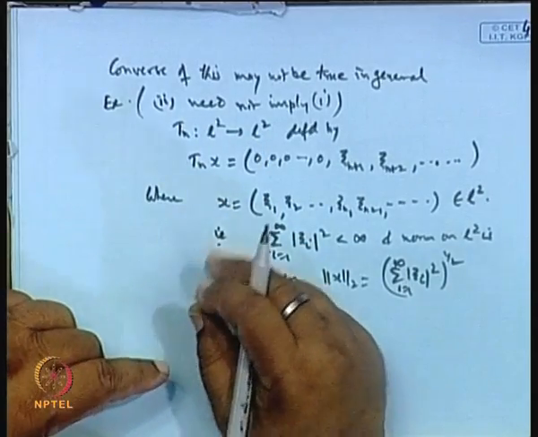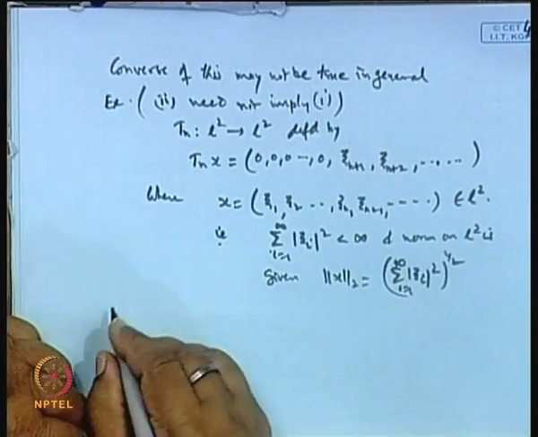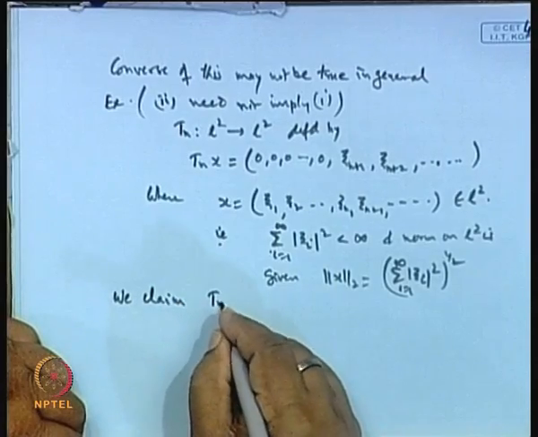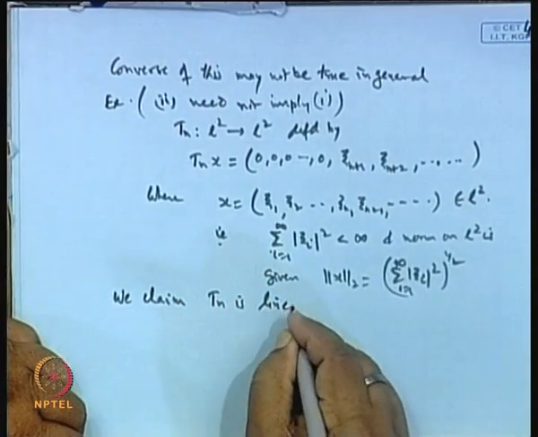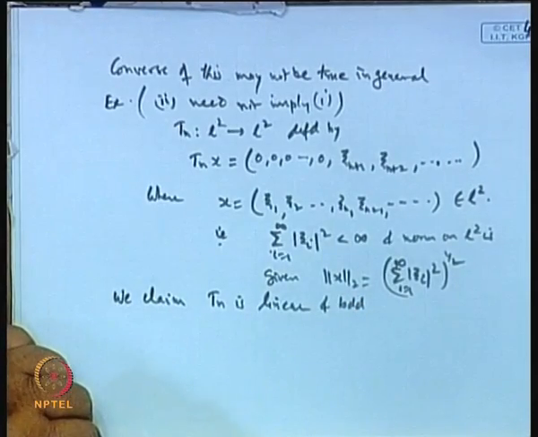Now, we claim that the operator Tn defined above is linear and bounded. Why?